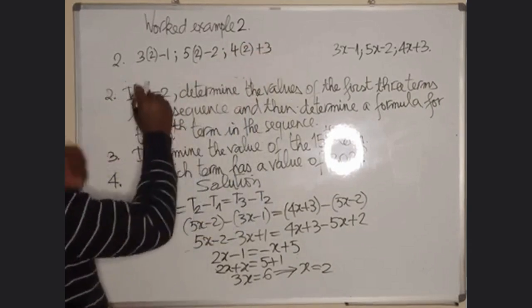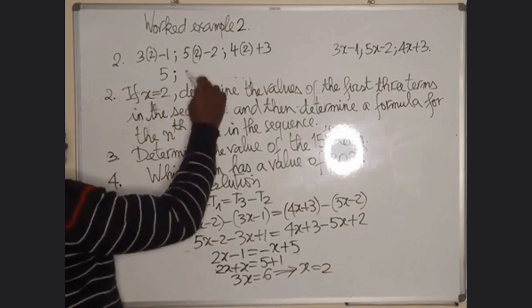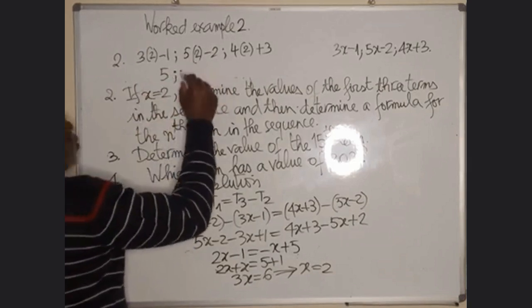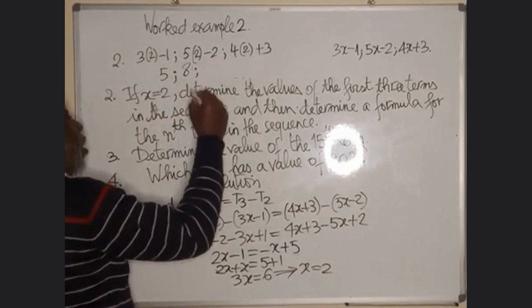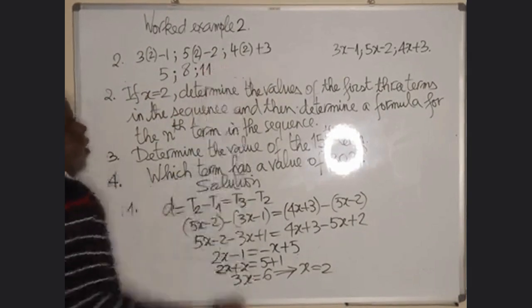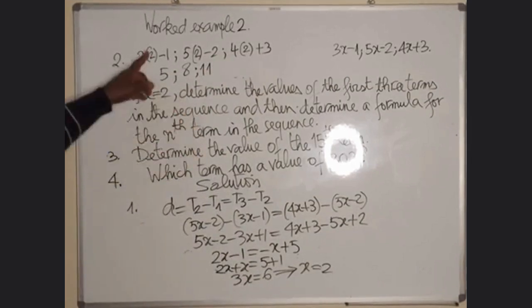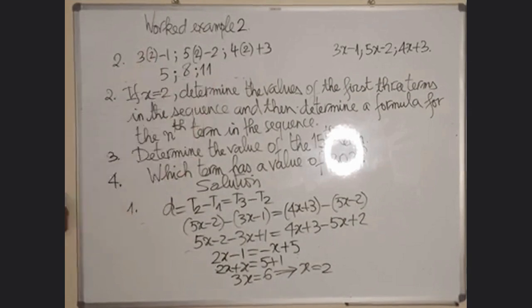So the first term will be 6 minus 1 is 5. And the second term will be 10 minus 2 is going to be 8. And the third term will be 8 plus 3. That is going to be 11. So the first 3 terms are 5, 8, 11.